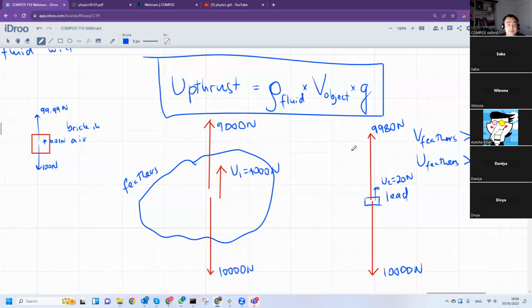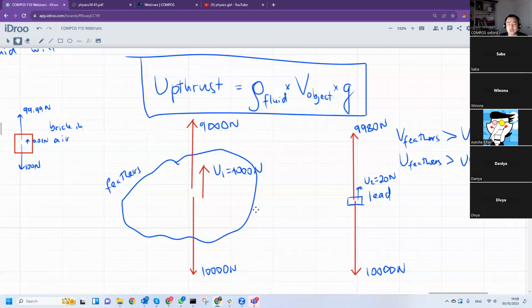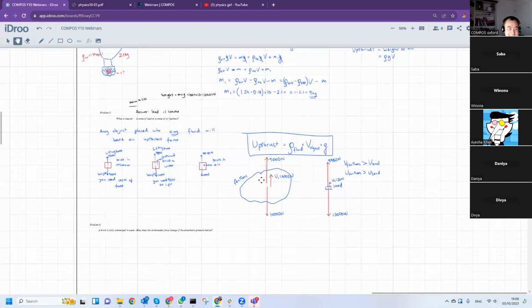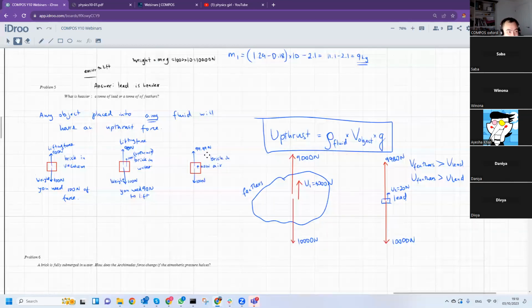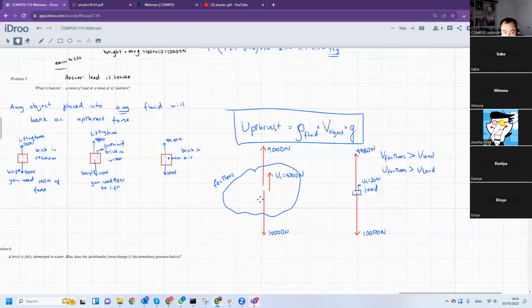Yes, the upthrust increases with volume. Do you understand problem 5? And do you understand that the answer is lead? Lead is heavier to lift.